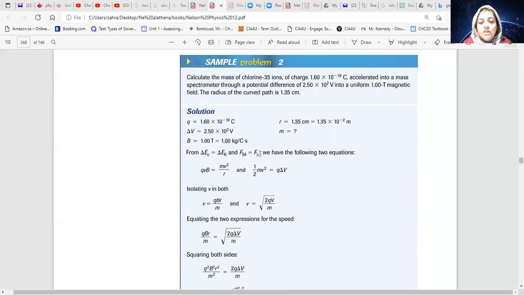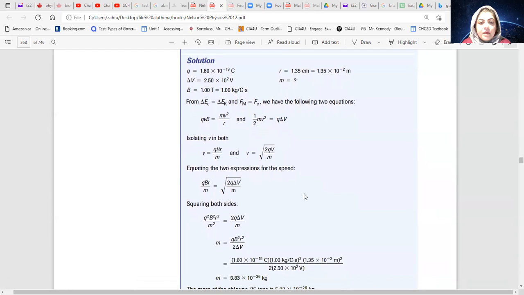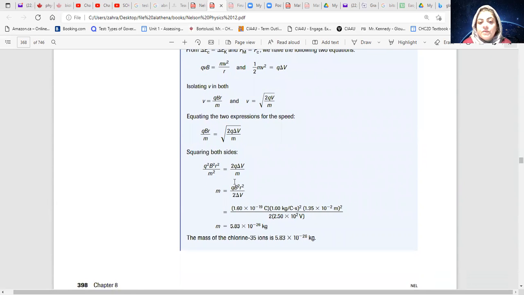Also, half mv squared is equal to q delta V, so work done is equal to change in kinetic energy, right? If we isolate for V here, V is QBR over m. Isolate for V here, then equate them to each other. Square both sides. You will get your mass: Q B squared R squared over 2 delta V. That will give you the mass of the charge.